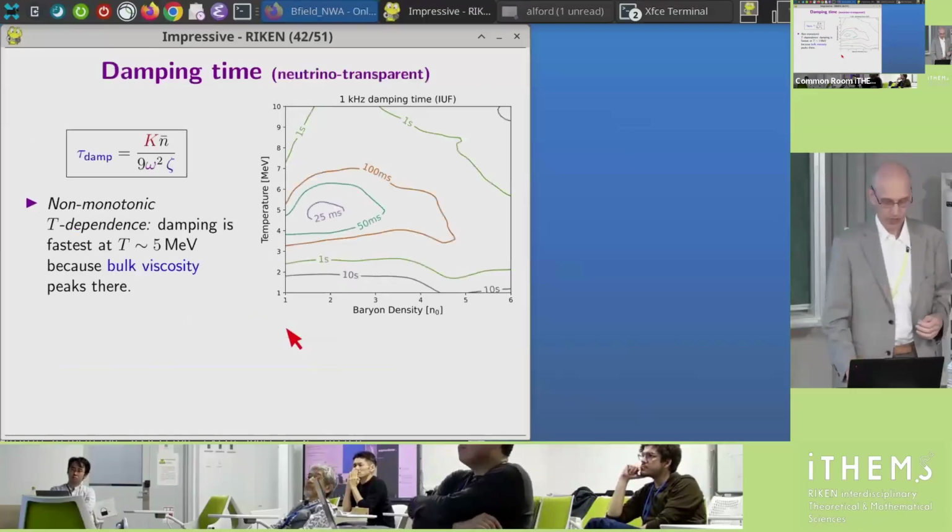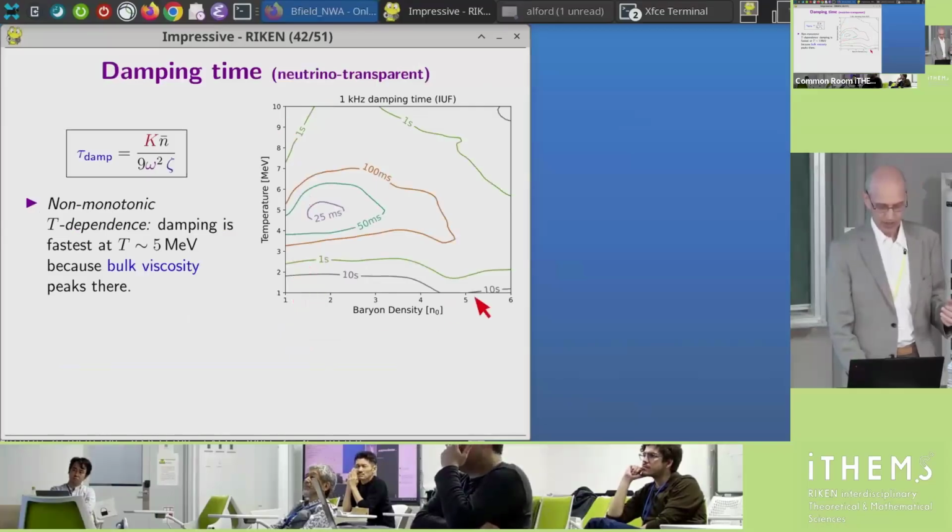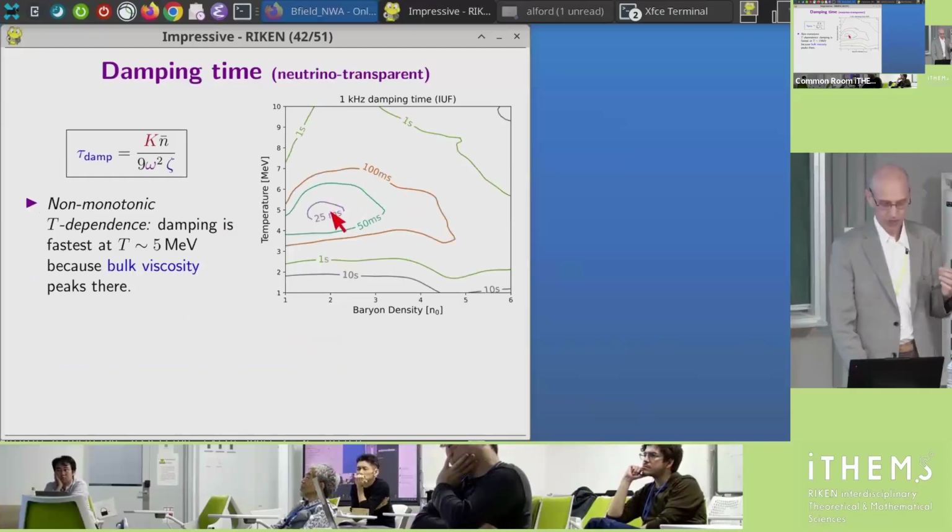So let's go straight to the answer again. Here is our classic plot, density along the bottom, temperature up the side, and now we're plotting this damping time, compressibility divided by bulk viscosity, and these are contours. This time the damping is most effective at the 5 MeV temperature where the bulk viscosity is biggest.